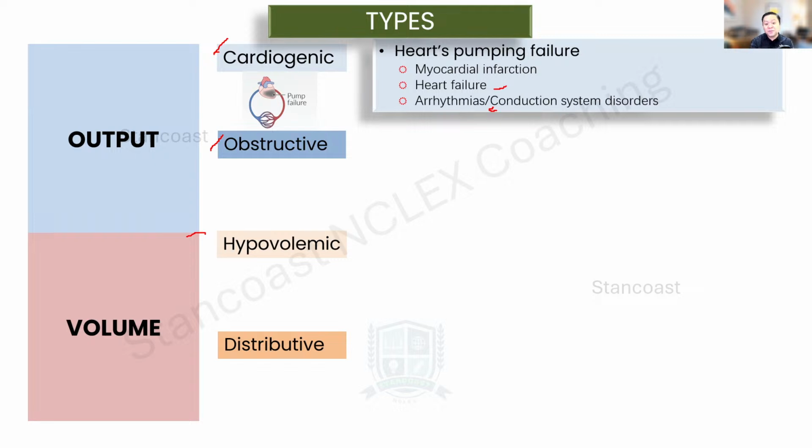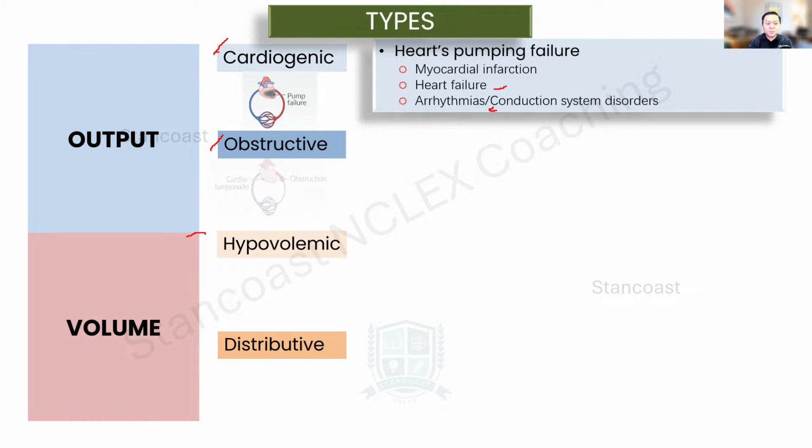And if there is such a case wherein there is a massive pulmonary embolism, it can lead to backflow of the circulation from the lungs. It can cause a high pressure in the pulmonary artery, which can lead to an increased pressure also in that circulation and can overwhelm the right side of the heart. And this can lead to the right-sided heart failure. Okay?